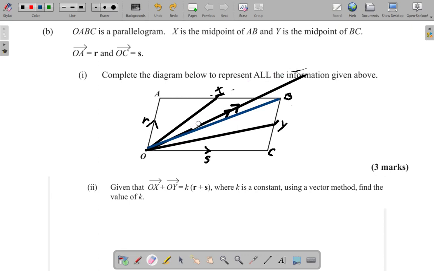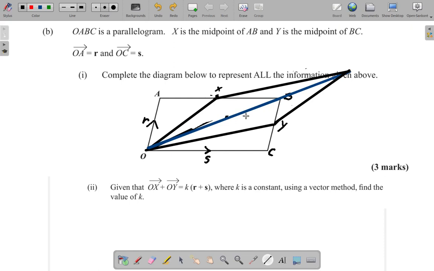So let me erase this. I should have the other vector like this, just by estimation and judgment, trying to make these two resultant vectors line up.